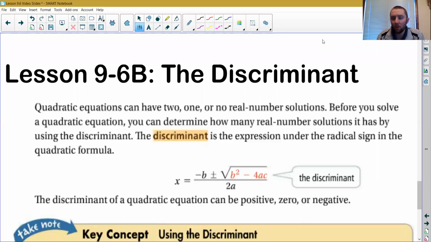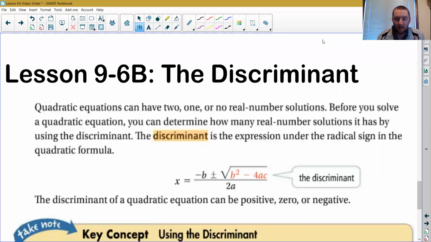In this video we're going to talk about some ways that we can help ourselves along in the process of solving quadratic equations, okay? And most of this is going to be based on the discriminant.